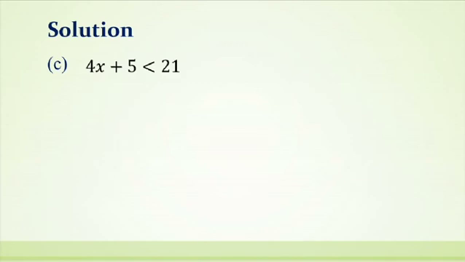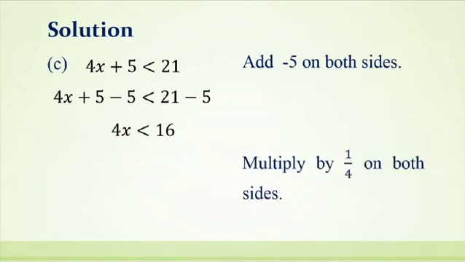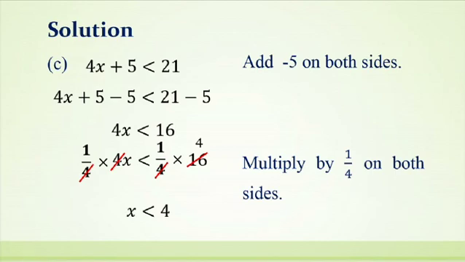Part C, 4x + 5 < 21. So here I need to cancel the 5 first by subtracting 5 from both sides. And then I have to cancel the 4 by multiplying by 1/4 on both sides. So I get x < 4.